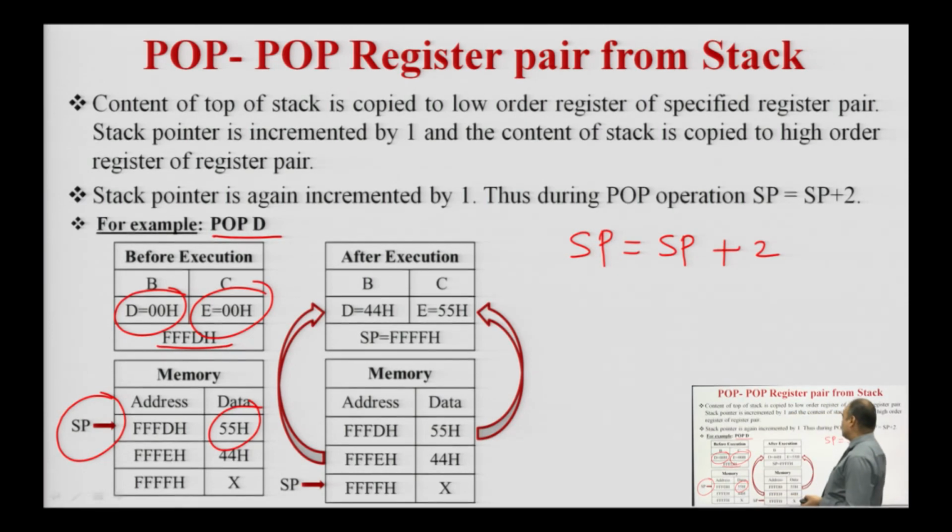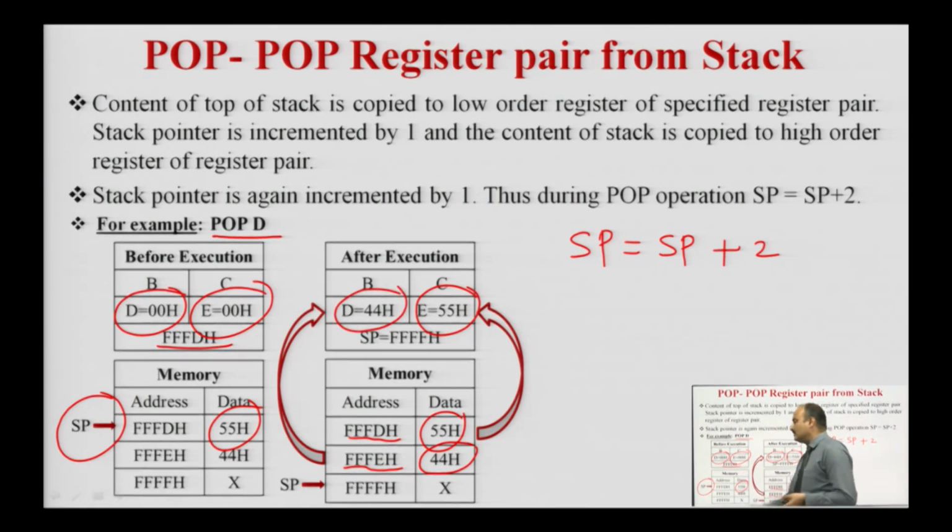After the execution, the microprocessor first pops the content of memory location FFFDH, that is 55H, into register E. The stack pointer increments itself by 1 and points to the next memory location, address FFFEH. Then the microprocessor pops the content of that memory location, which is 44H, into the higher order register of the register pair D, that is D = 44H.